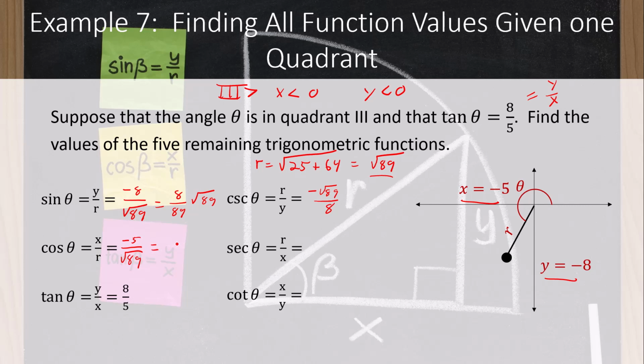Rationalize the denominator, and we will have, oh, I forgot the negative sign here, negative 5 divided by 89 times the square root of 89. Secant is going to be negative square root of 89 divided by 5. And then finally, if tangent is 8/5, well, then cotangent is going to be the reciprocal, 5/8.